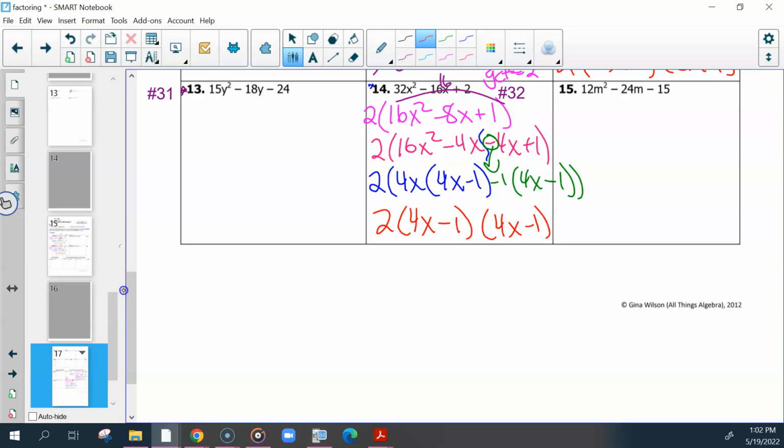So in this case, we have the same factor twice. So you could rewrite this as 2 times 4x minus 1 squared.